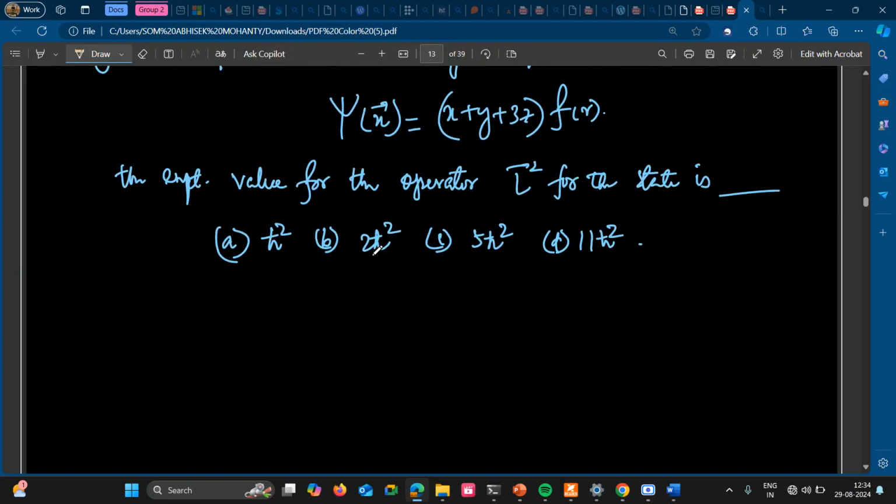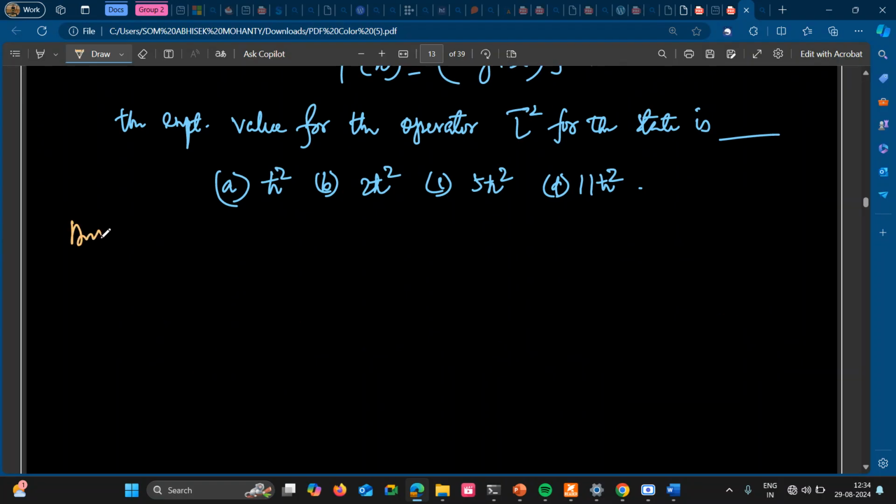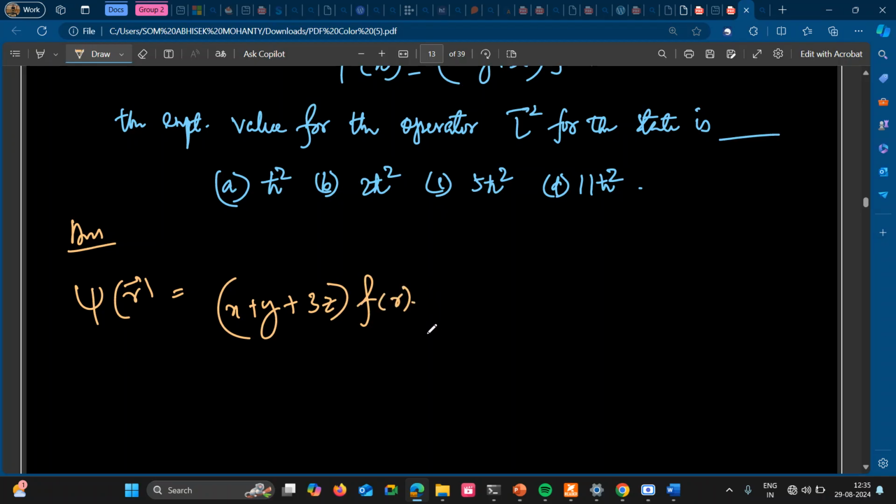The wave function is given, write it as psi(r) equal to (x plus y plus 3z) f(r). Expectation value for the operator L square.